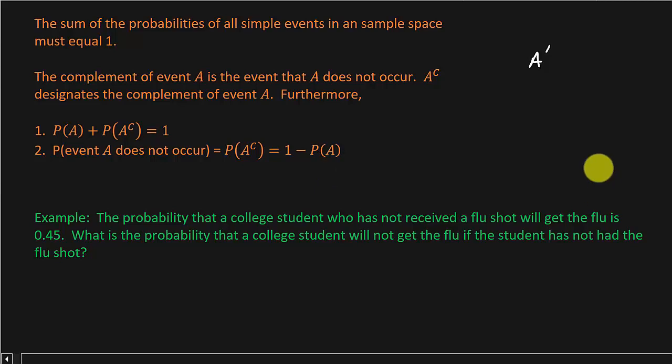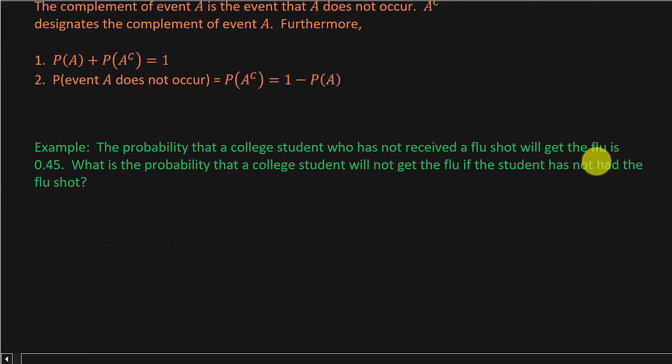All right, so let's do this example and I'll explain what that means while we work it. The probability that a college student who has not received a flu shot will get the flu is 0.45. What is the probability that a college student will not get the flu if the student has not had the flu shot?